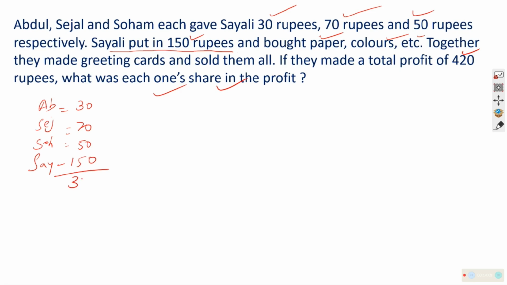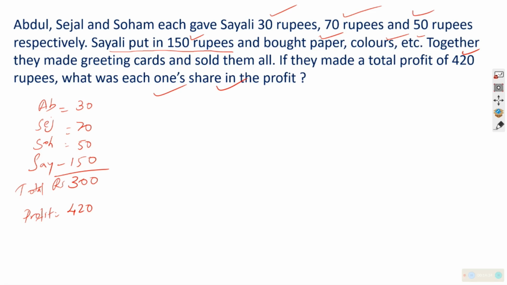Total it became 300 rupees. Oh, 300 rupees total. Now what happened? Sold the items together, made a greeting card and sold them. If they made a total profit of 420 rupees, बहुत smart बच्चे लोग हैं. Profit 420 rupees.